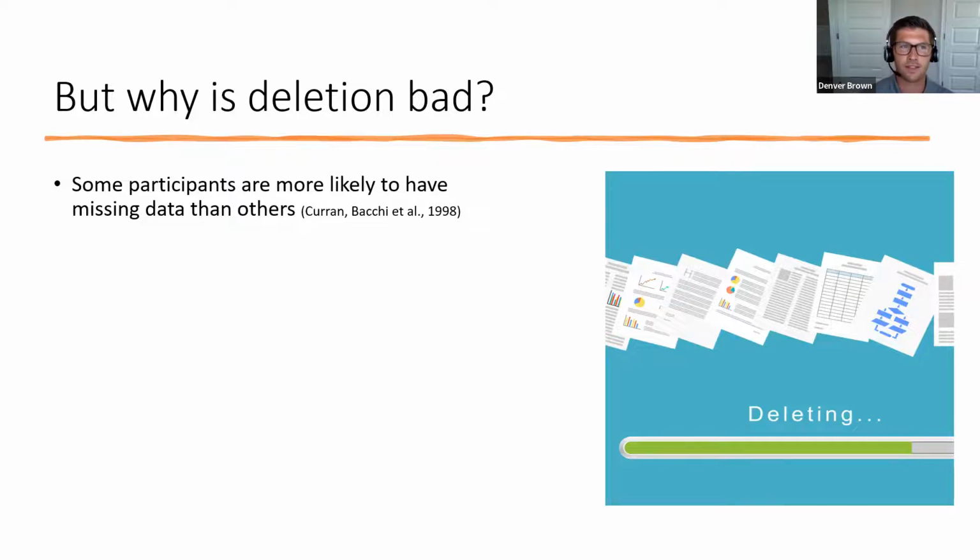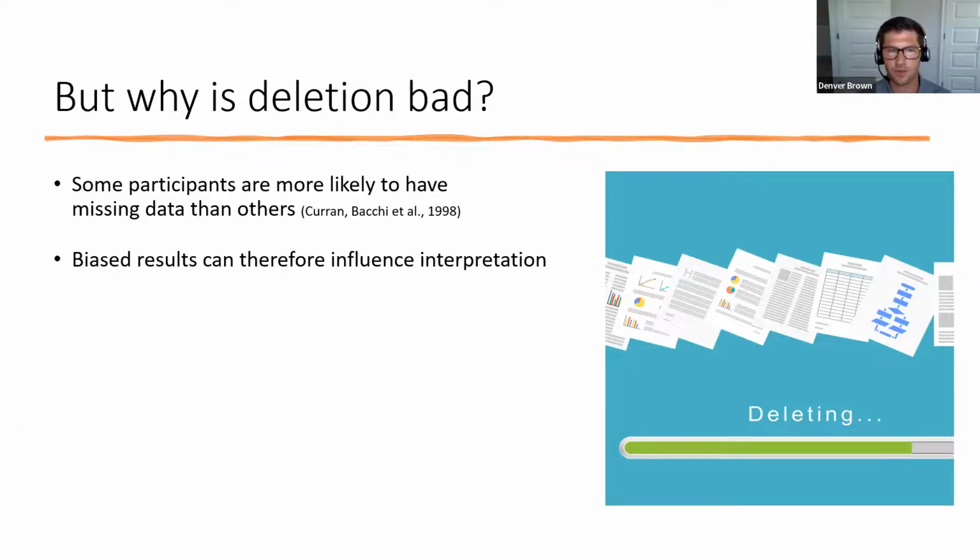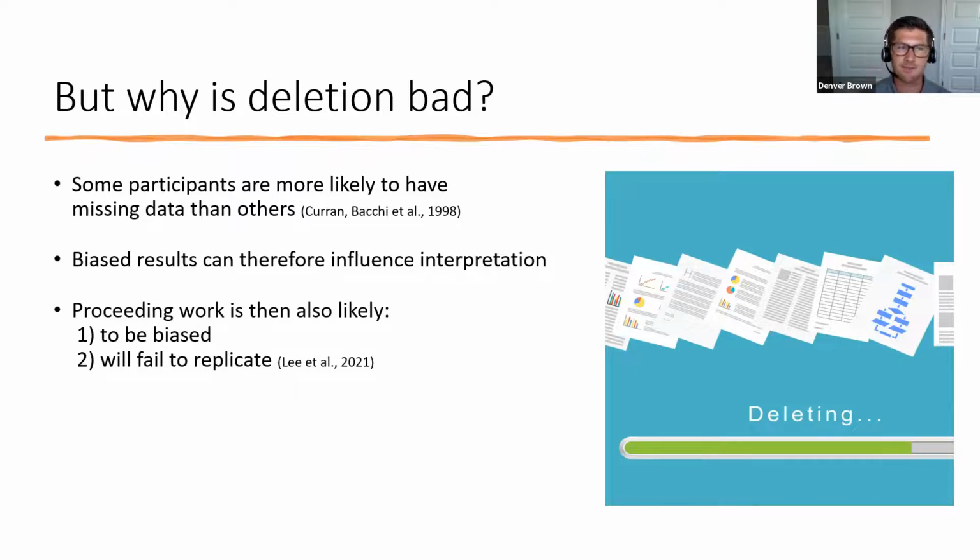So why is deletion bad? As I said earlier, some participants are more likely to have missing data than others. At the same time, these biased results can influence the interpretation. Maybe we're saying that this is a stronger effect. Maybe we're saying it's a weaker effect. That can be important depending on what field you're in. And then we have work that's going to follow on this, because you think of the slogan on Google Scholar, standing on the shoulders of giants.